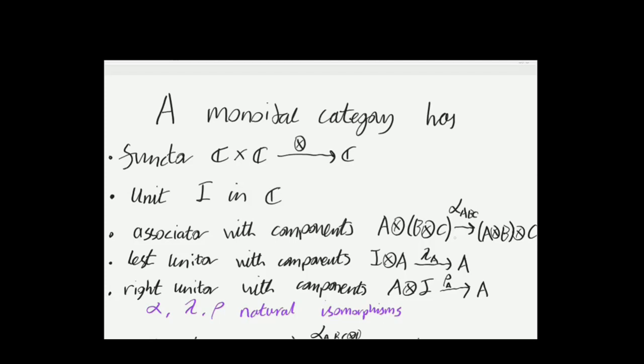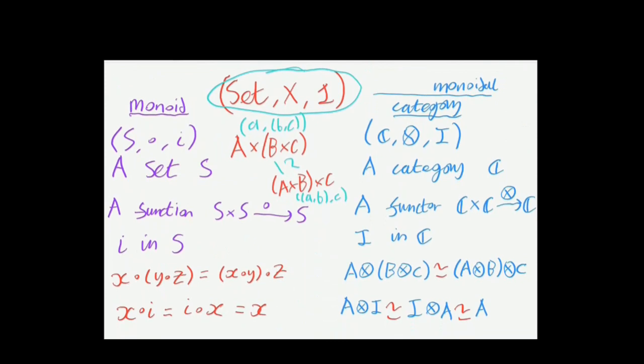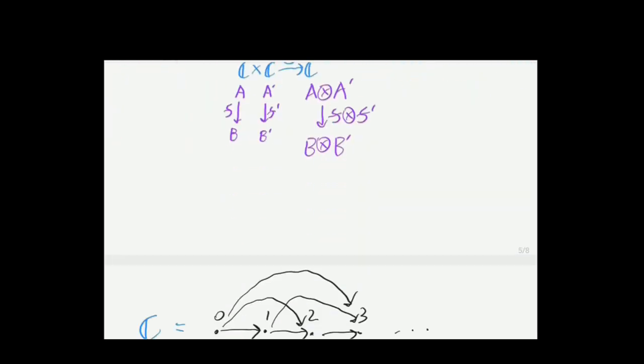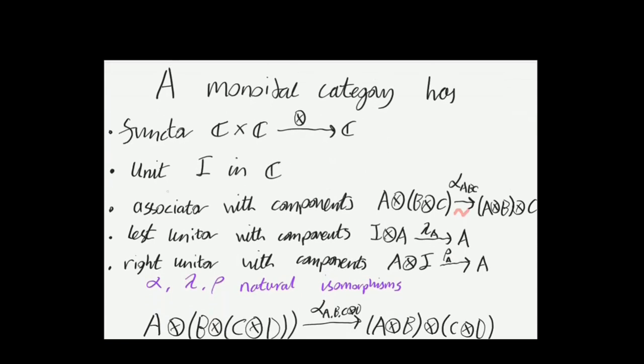So this is really going to be an isomorphism between these two things. And so if you think about this example from sets that I was talking about before, where we can have three elements written like this or three elements written like this, that would be an example of using these natural transformation components, alpha A, B, C. And so we actually call this natural transformation alpha the associator, and this would be one of its components.